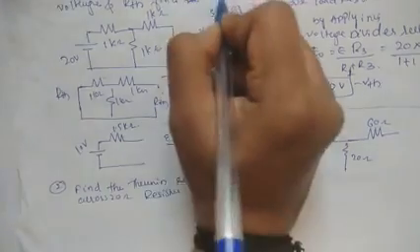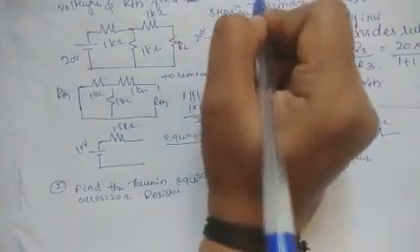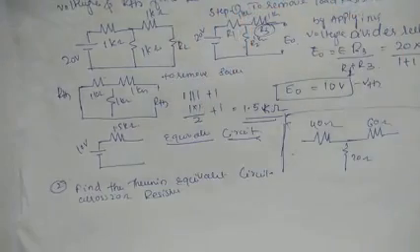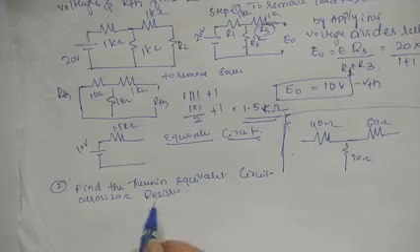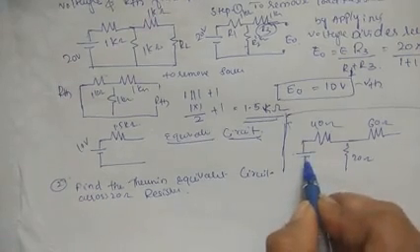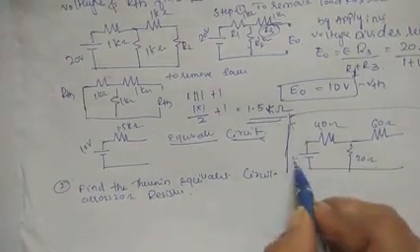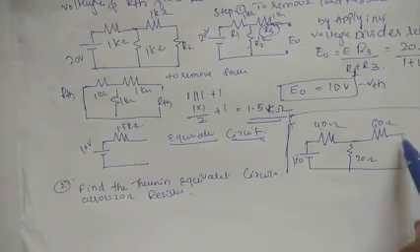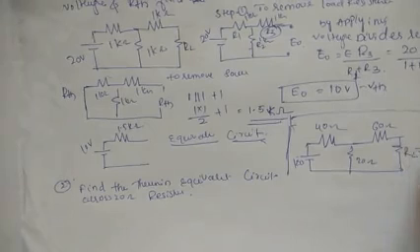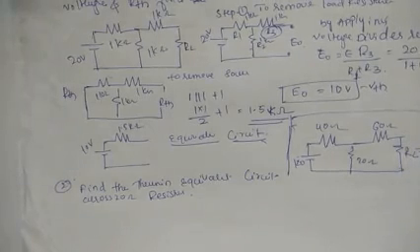Here across 1 kilo ohm resistor. Right? EMF is 120 with the load resistance RL equals 10 ohm.